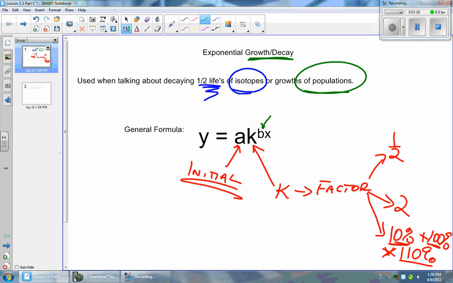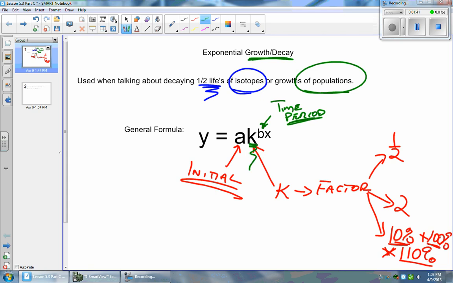Now, what does the B stand for? The B actually is your horizontal stretch, if you think about it that way. Another way of thinking about it, B works out to be very interesting. This is your time period that you need to talk about how often does this happen.